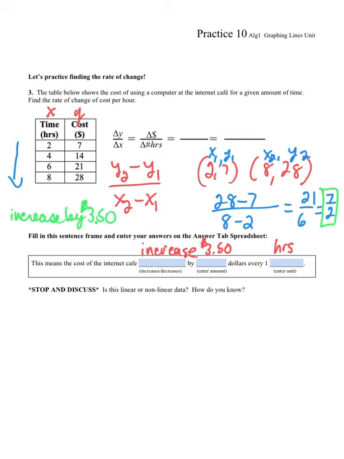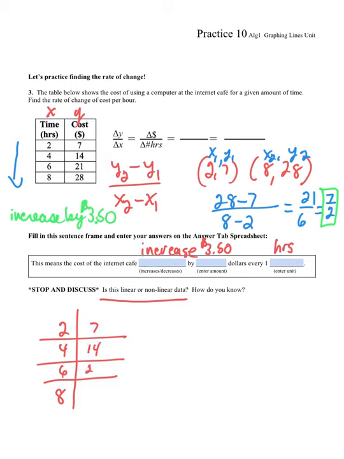Another thing you can look at, we want to decide whether this is linear or non-linear data. And I'm going to move this table down here to try and decide. Linear data should have a constant slope, so it should be increasing or decreasing at a constant rate.